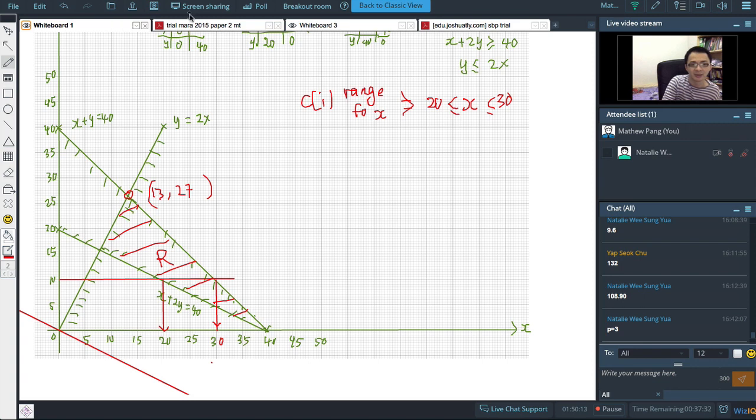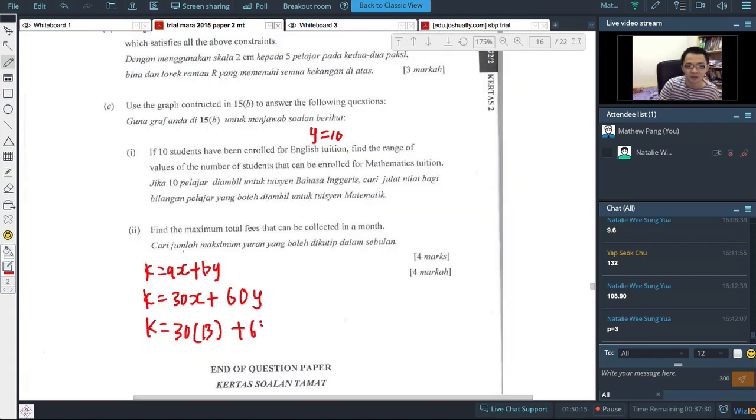So 30 multiply 13 plus 60 multiply 27, then you can get your final answer. So yeah, your maximum value will be 2010. Okay, yes, this is how we do the linear programming.